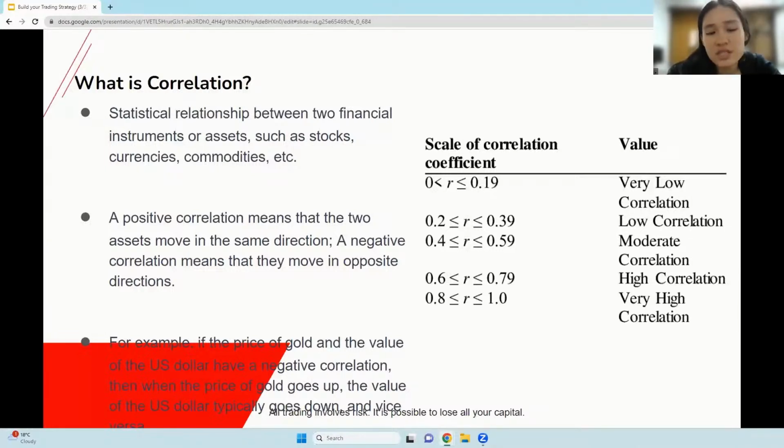The perfect positive correlation is +1 and a perfect negative correlation is -1. For it to be considered strong correlation, we look for values of 0.8 and above or below -0.8, so basically 80%.